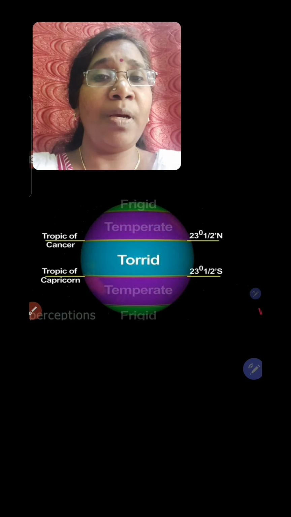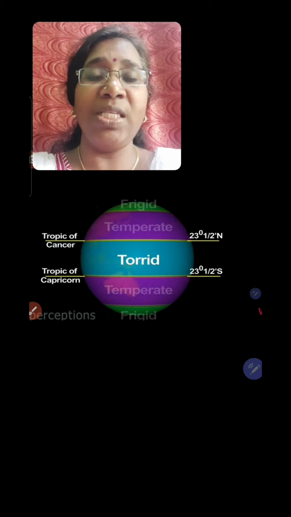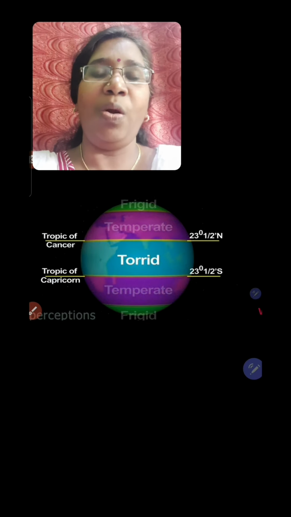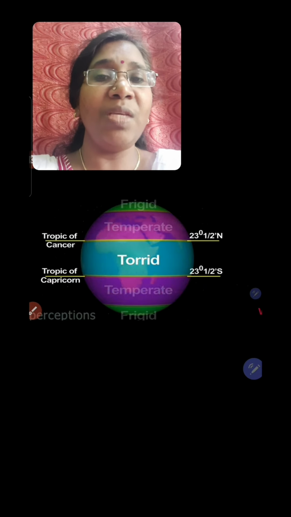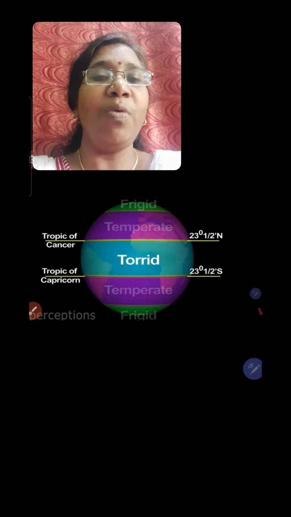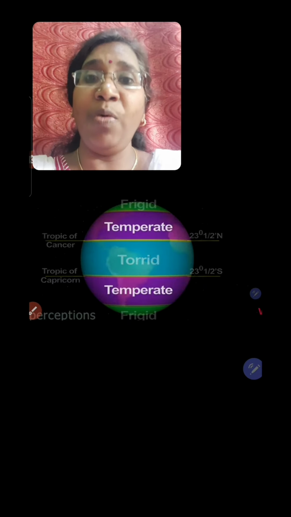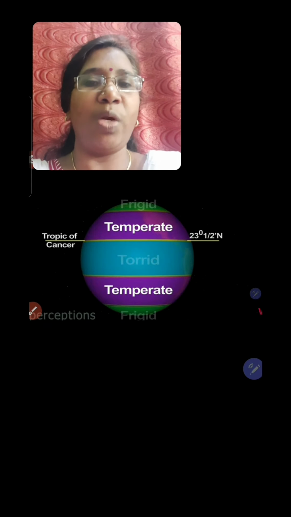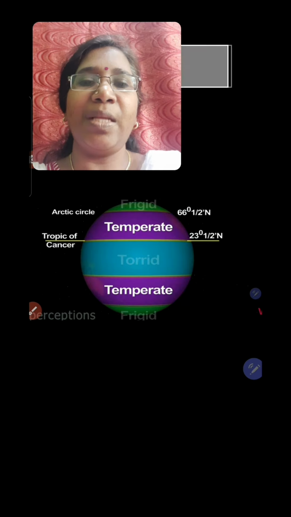The countries or regions lying in this torrid zone remain very hot, and this region also receives the highest amount of rainfall due to drastic evaporation, and dense forest grows in this torrid zone.